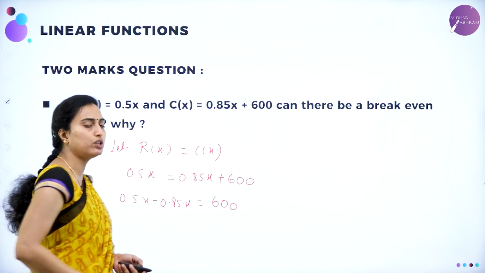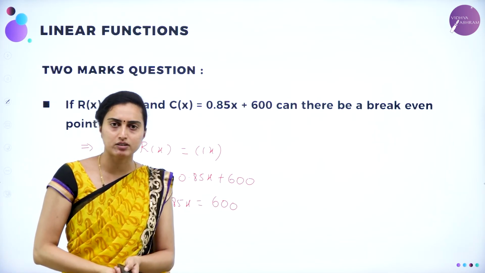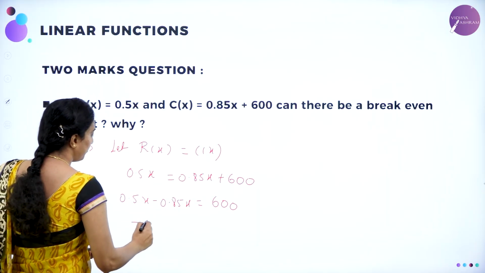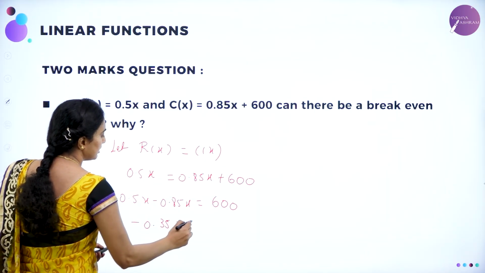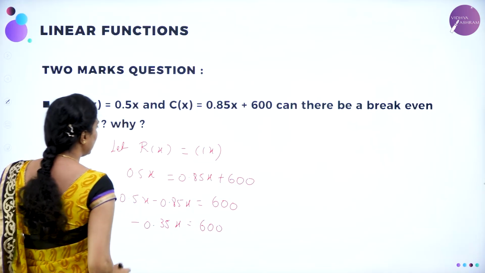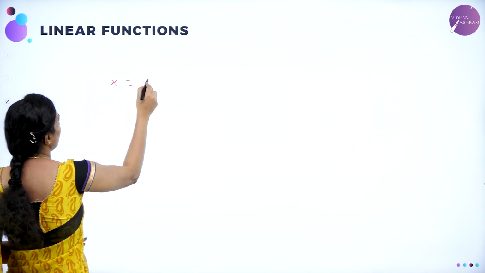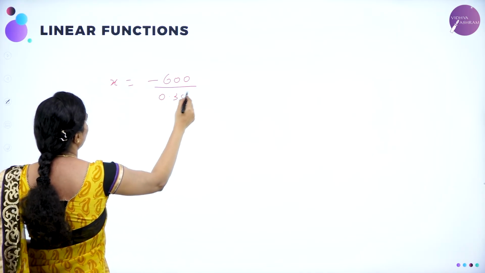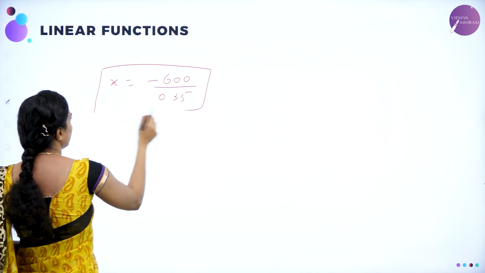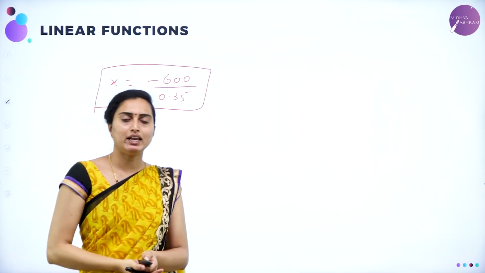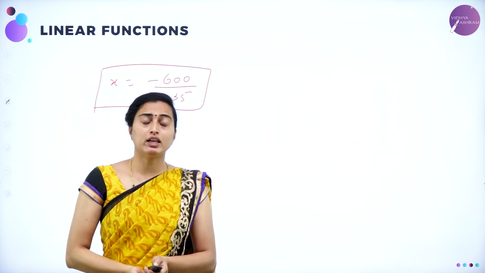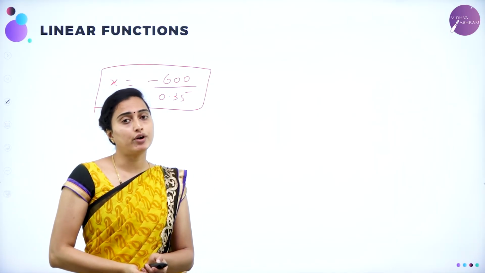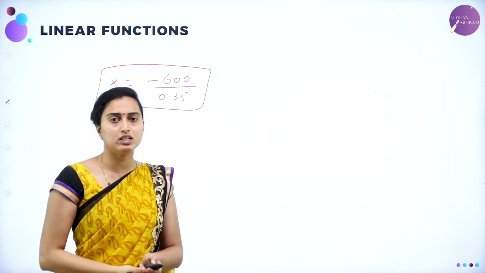Now if you do this, you are going to get the negative value of x, which is minus 0.35x is equal to 600. Otherwise, x will be equal to negative of 600 divided by 0.35. Anyway, this value is negative. There is no break-even point because there cannot be negative production. Therefore, what is the reason you are going to write?